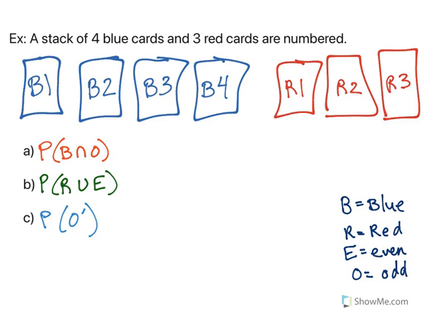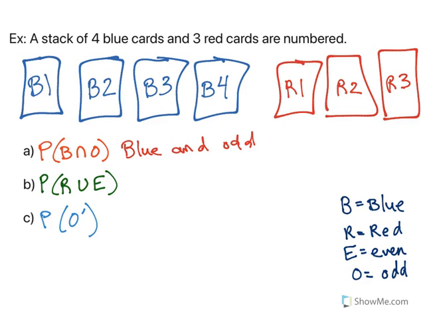So we're going to do 3 probabilities with these 2 stacks of cards. First, we're going to find the probability of B and O. Notice how that symbol looks like an A without that line through the middle. So B and O means we want the probability of blue cards and odd, right? Because B stands for blue and O stands for odd.